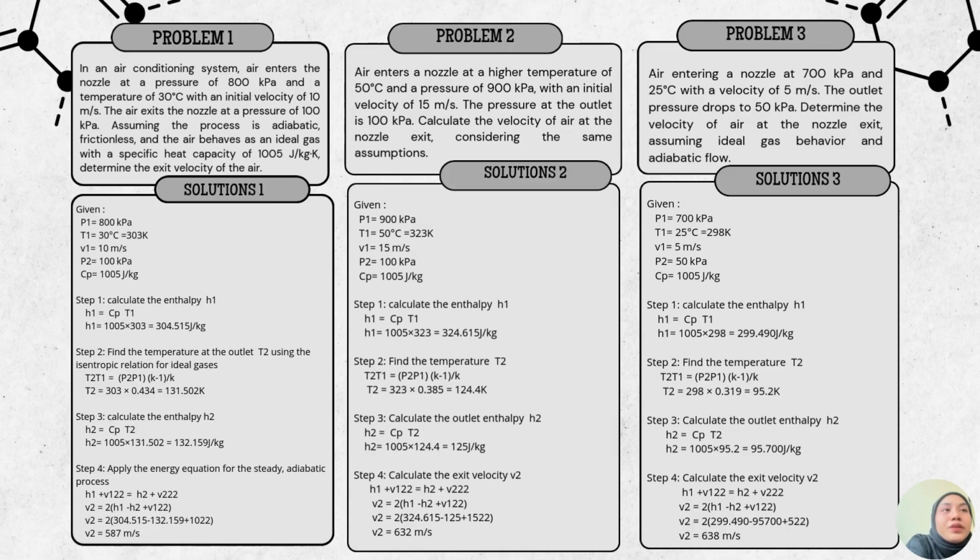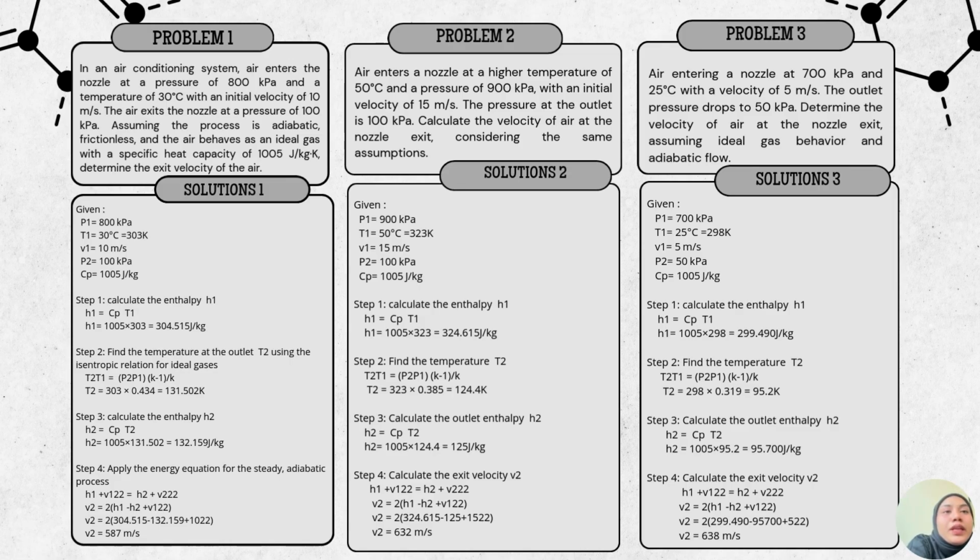So the 3 different problems can be solved with the same solution. For example, we can see all the given values are stated in the question. According to step 1, we need to calculate the enthalpy based on the values given.